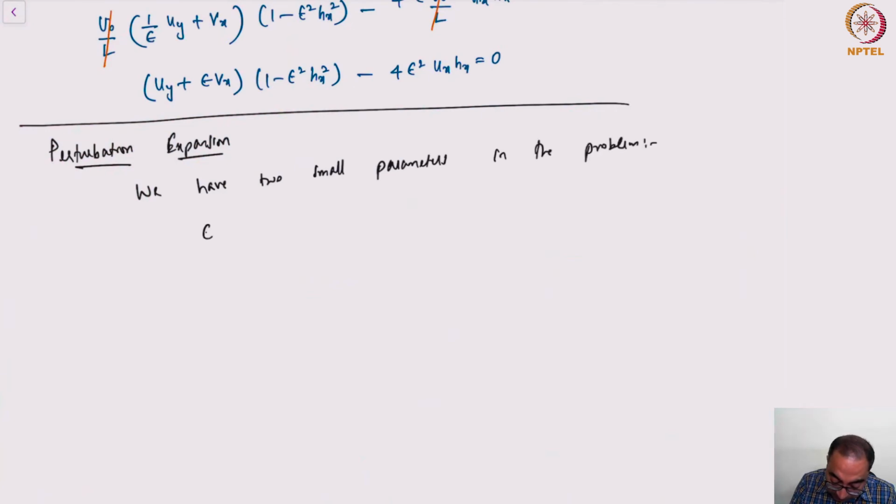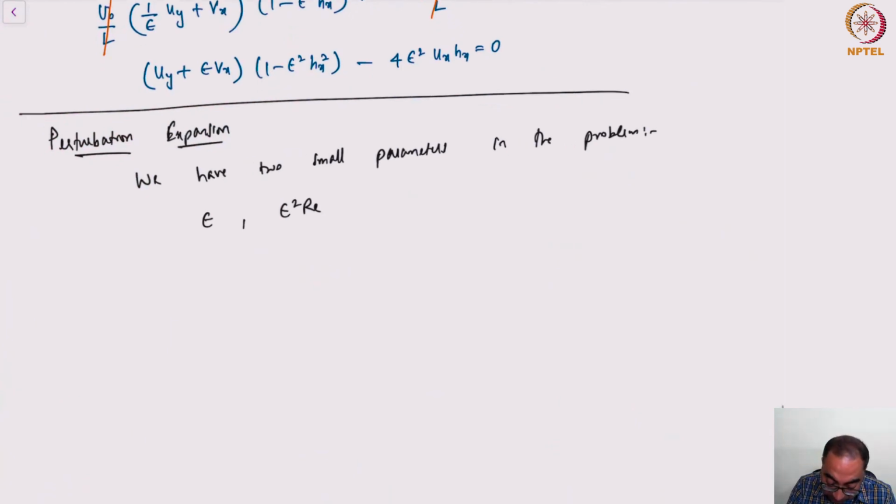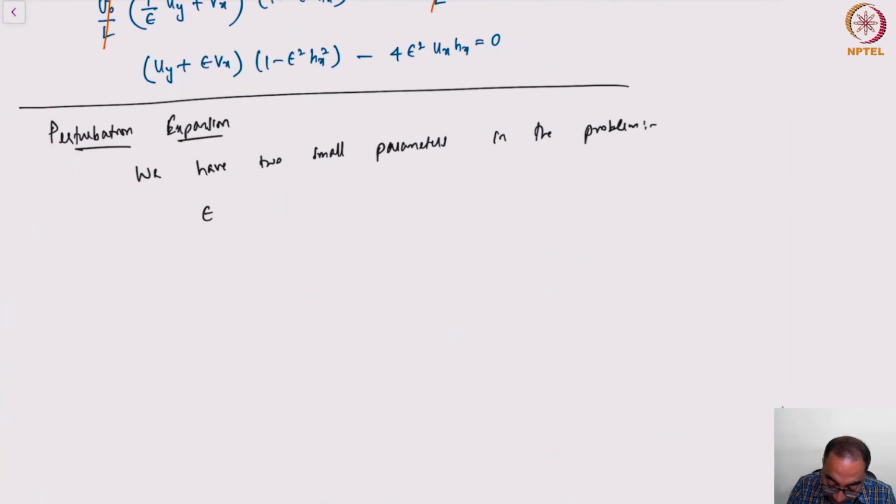One is epsilon and the other is epsilon square Reynolds number. We will set both of them to be much less than 1. So in other words, we have epsilon much less than 1 and epsilon square Reynolds number will also be set much less than 1.